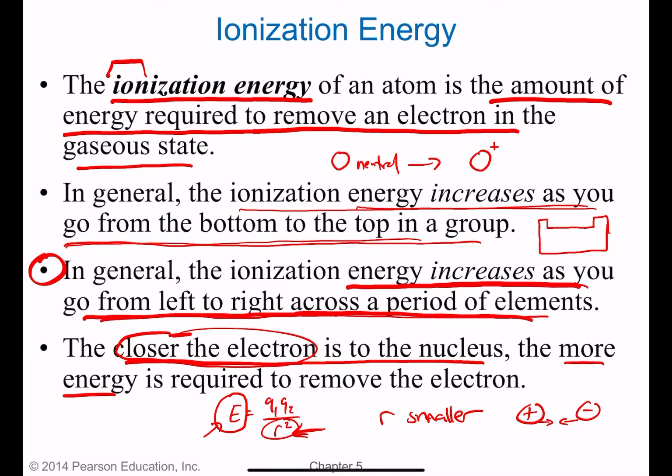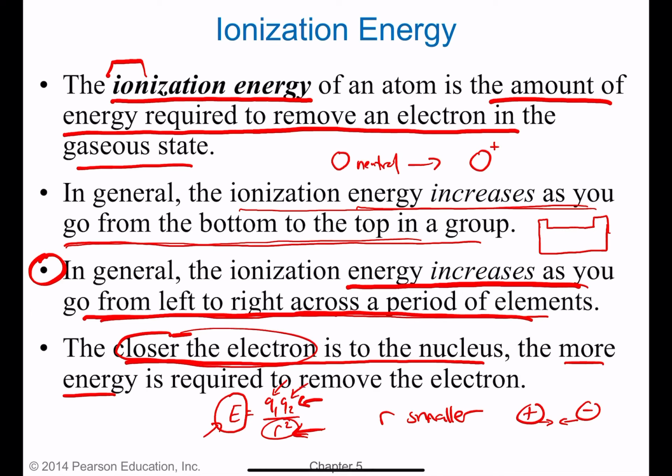The reason for this has to do with our numerator. Recall, we were just saying that you can think of Q1 as the charge of the nucleus, like how many positively charged protons are in the nucleus. And you can think of Q2 as your negatively charged electron.